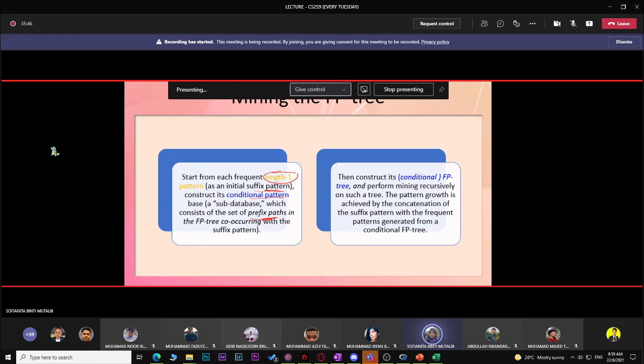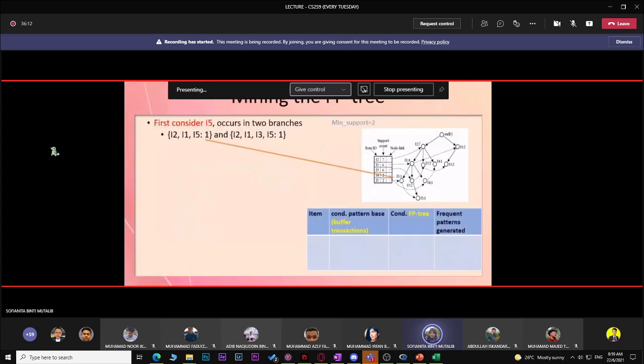So suffix is the leaf. We are going to look at each leaf that we have, ataupun length one of the pattern in the data set. And we are going to construct the conditional of the suffix. Okay, let me show you in more simpler words.